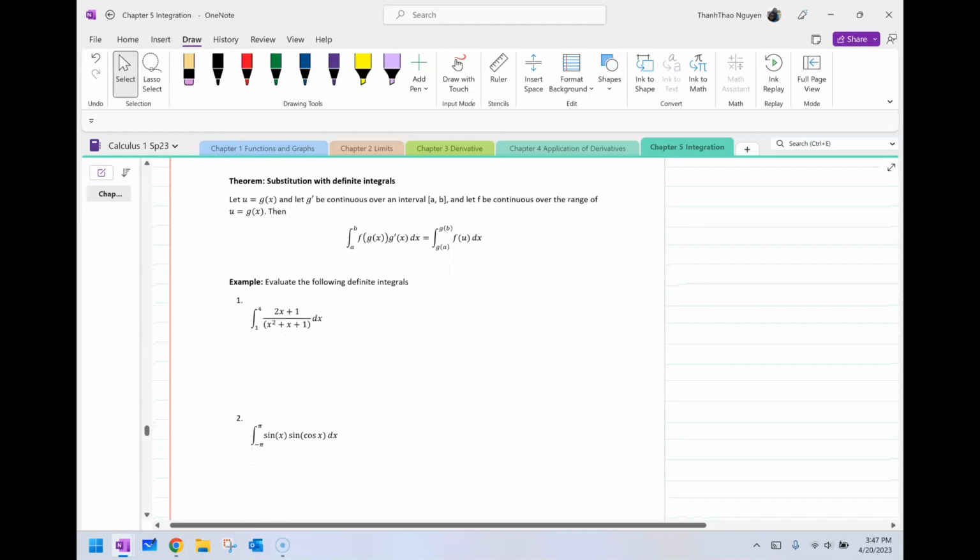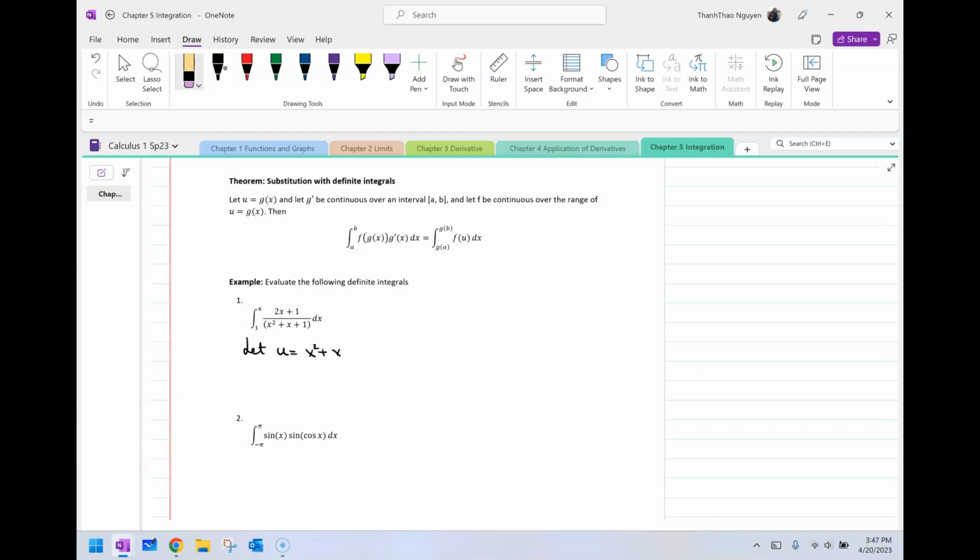I'll let u equal x squared plus x plus 1, du equals 2x plus 1 dx. Now, we have to remember the upper and lower limits of the integral are in terms of x. So I'll solve for them to see what they are in terms of u.